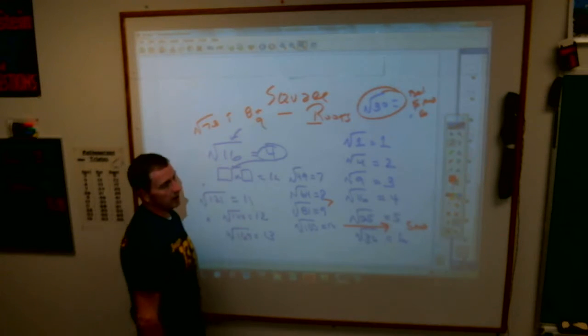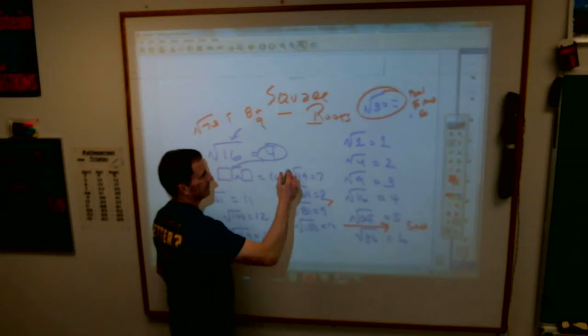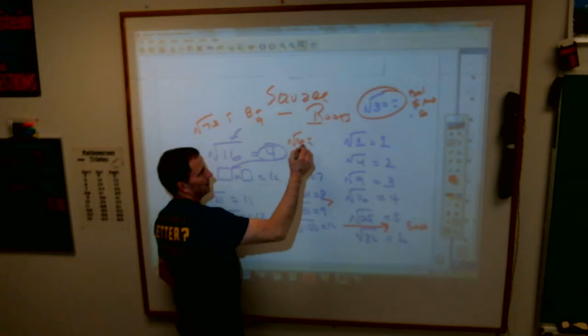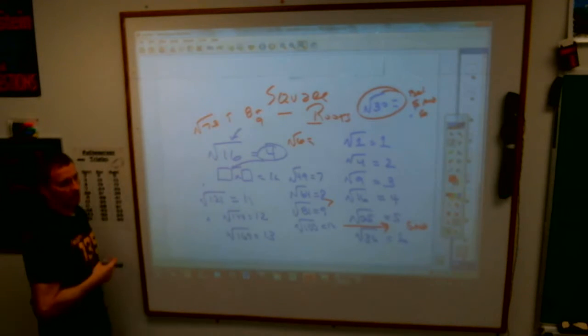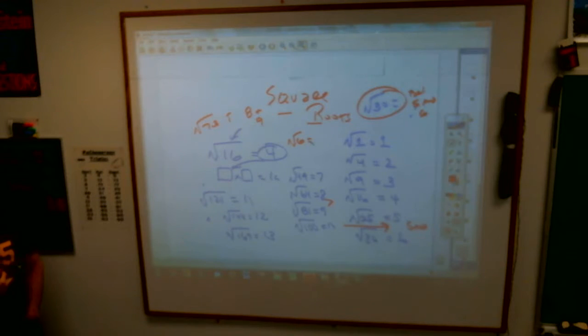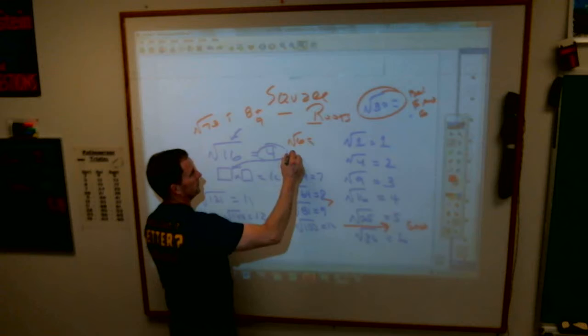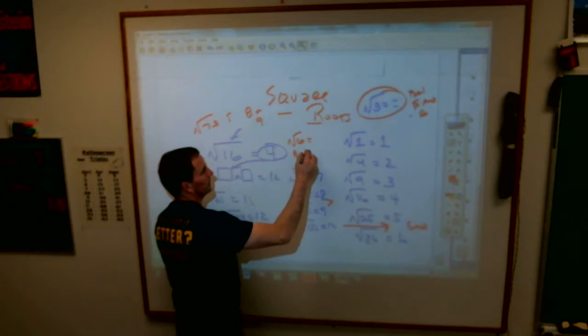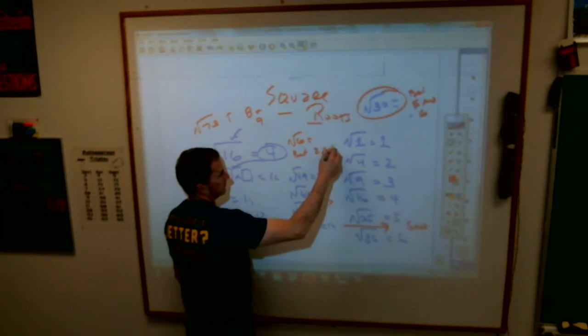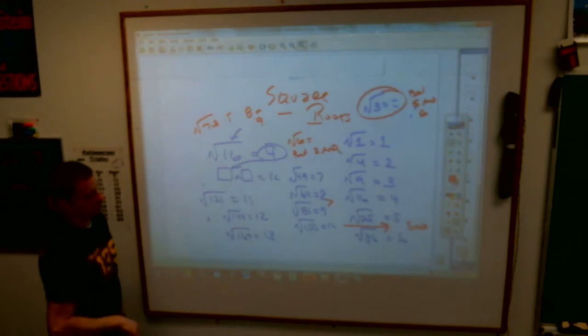Or the square root of 6: what two numbers would it be between? 2 and 3. Yeah, it's between 2 and 3. And that's kind of the gist of what they'll ask you.